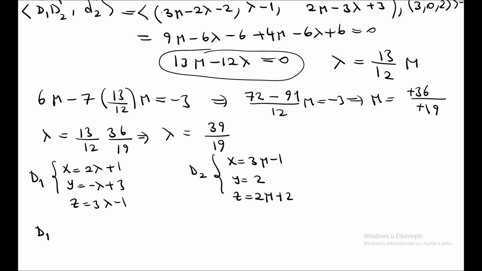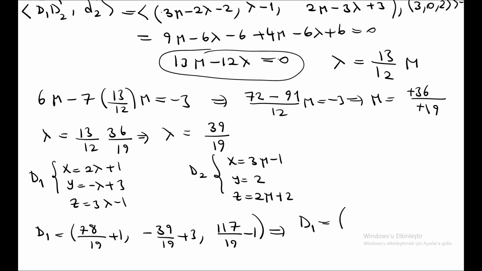D1 becomes 2 times lambda plus 1, and negative lambda plus 3, and 3 lambda minus 1.